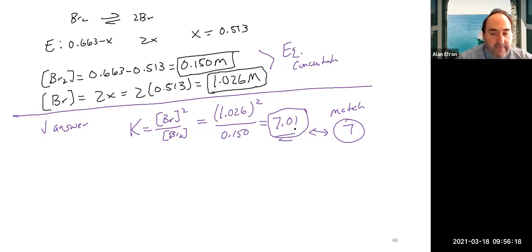Is it going to match perfectly and be exactly the same number? The answer is probably not, but with rounding, it should be pretty darn close to the value that's given to you. You might even hit the value exactly, but a lot of times it won't be. Here I got like 7.01 and the value given to us was 7. So that's obviously very close.